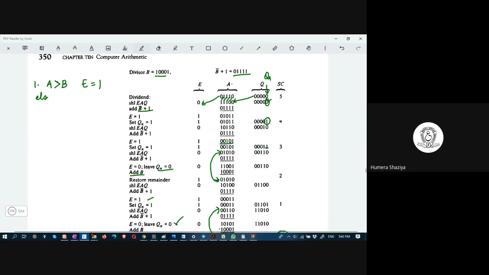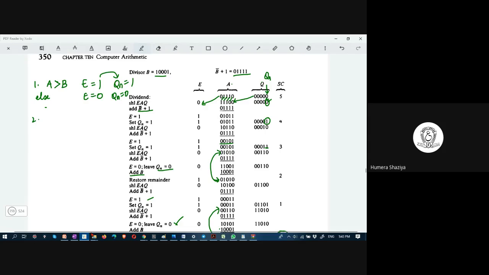Else, E would get a value 0. When E is 1, Qn would be equal to 1. When E is 0, Qn is equal to 0. What is Qn? This is the least significant bit, LSB, or the rightmost bit of Q.